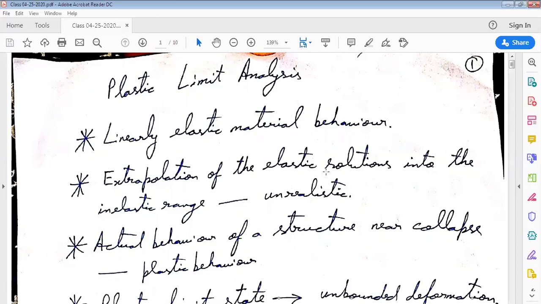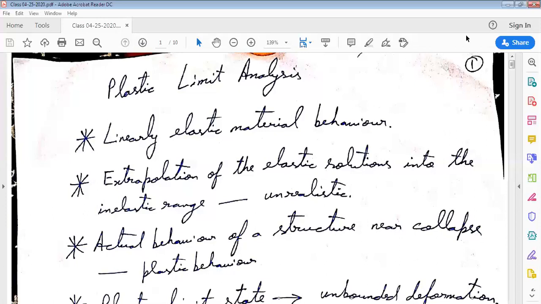It would be very unrealistic if we extrapolate the elastic solution into the inelastic range, that is the plastic range. When a structure collapses, the behavior of a structure is a plastic behavior in which the structure experiences large deformations which are unbounded and against certain loads.